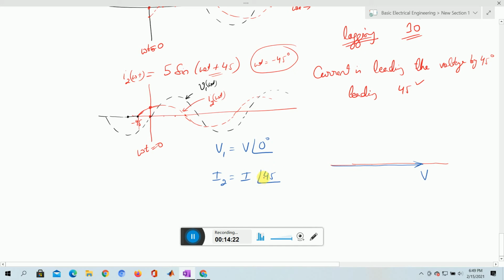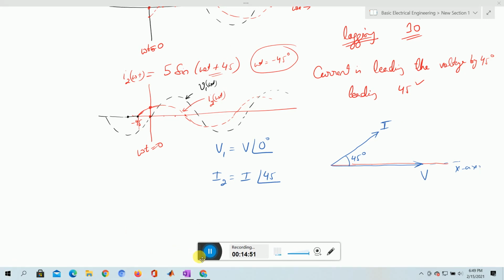Here it is plus 45, so that is why it is 45. Now we can draw the current phasor, this is the current phasor I, and the angle that has been rotated is 45 degrees, so it is I angle 45 degrees. As you see, the reference axis is the x-axis and you get a current phasor like this. If we see both things together, then it will be much clearer.